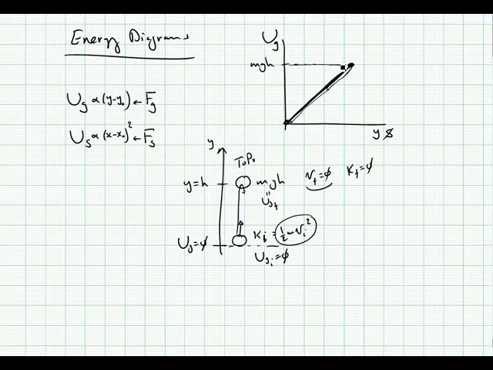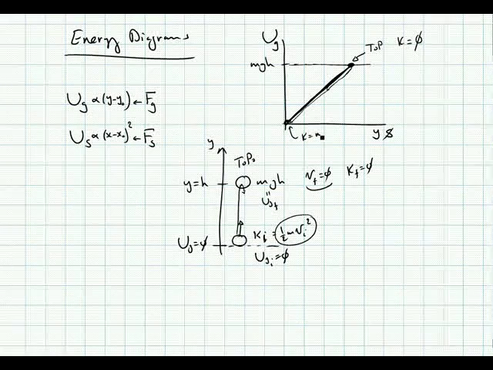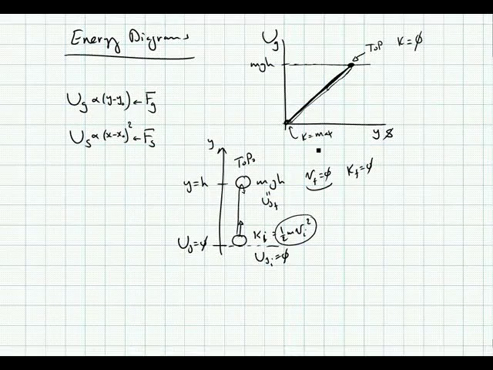So this level up here is the maximum potential energy that the object can have. At this point, which is our turning point, our kinetic energy is 0, and at this point the kinetic energy is maximum. At the turning point our gravitational potential energy is maximum, and down here our gravitational potential energy is 0.